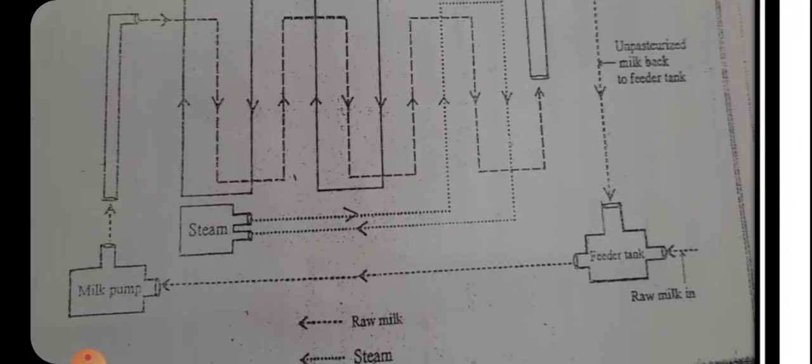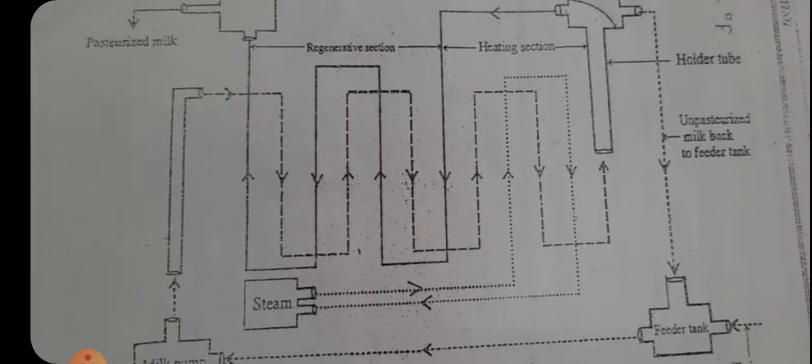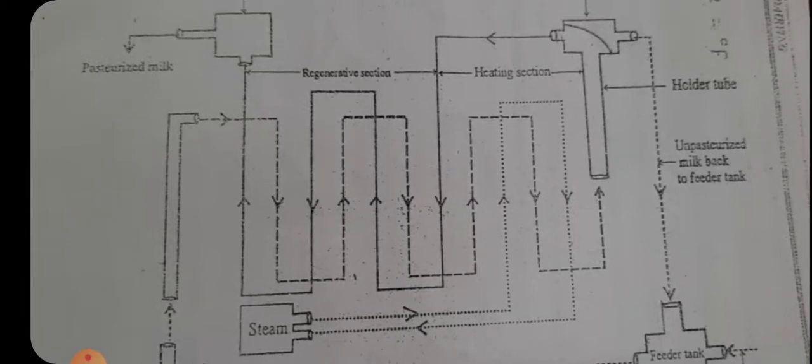And from feeder tank to milk pump, and from here the steam is generated, and the raw milk is heated by the hot milk in the regenerative section, and in the heating section this raw milk is heated by the steam, and in this way the milk is pasteurized.